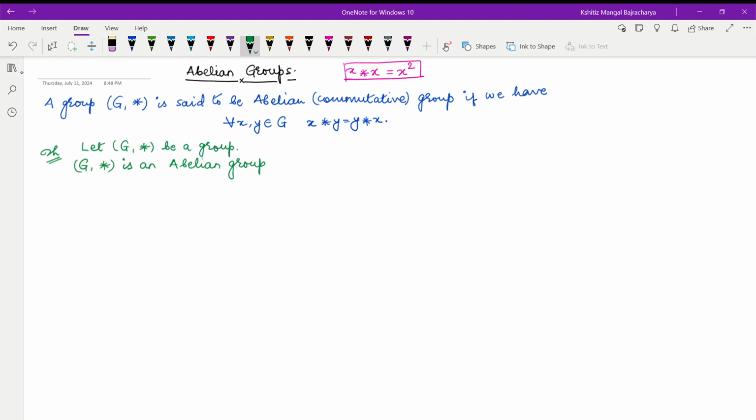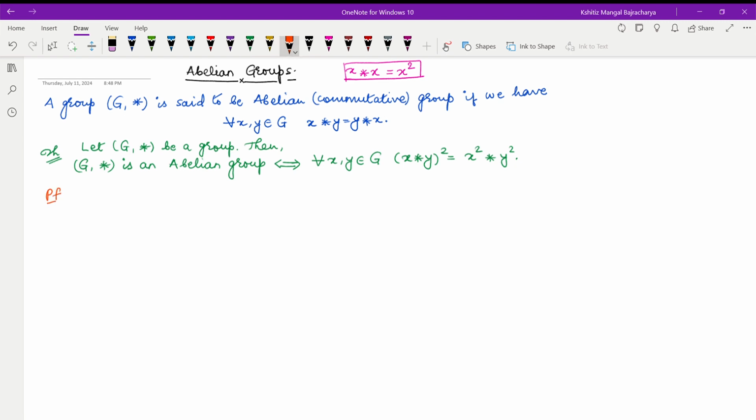Then G star is an abelian group if and only if, for all x, y belonging to G, (x star y) squared is equal to x squared y squared. This is one of the characterizations of abelian groups.